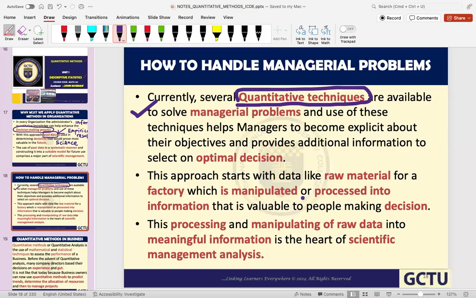It is also used to select what we call optimal decisions. Sometimes you have several options. You need to pick one of them. You can apply quantitative methods to be able to pick an optimal decision.